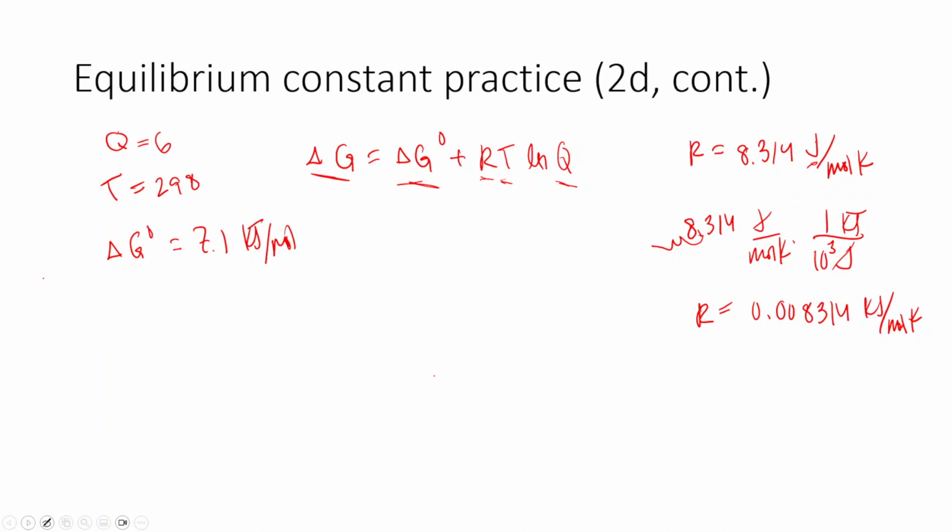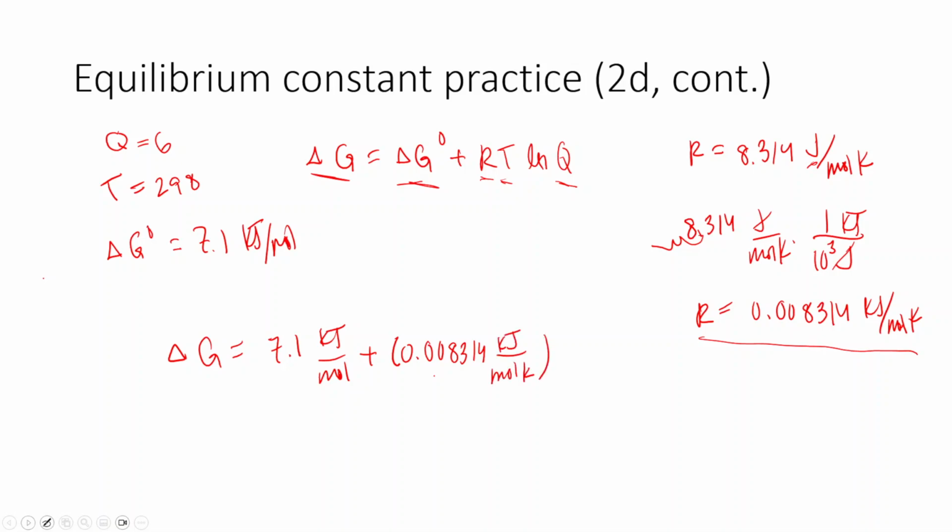So yeah, now we can just plug everything in. So we have delta G equals delta G naught, so that's 7.1 kilojoule per mole, plus R, which we already converted into kilojoule per mole Kelvin, so we have 0.008314 kilojoules per mole Kelvin.